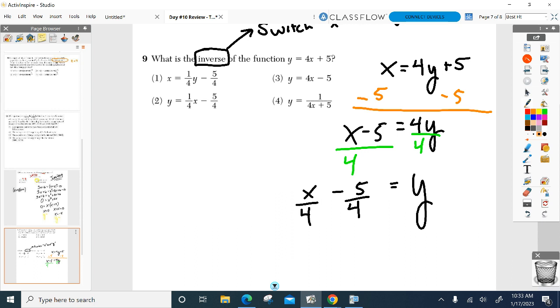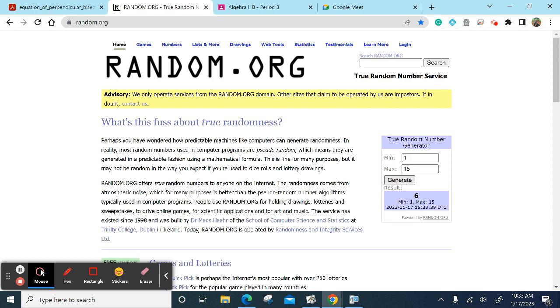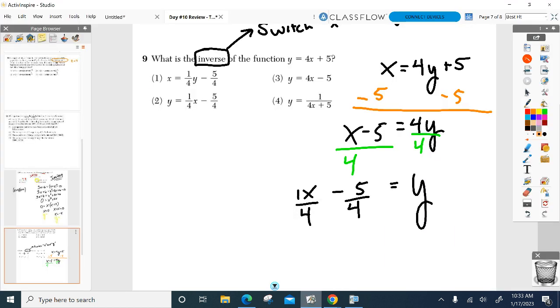But also what's in front of the x is a 1. So 1/4 x. So what choice are we looking at here now? Choice 2. Switch x and y. Inverse.